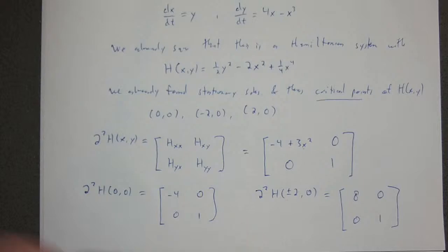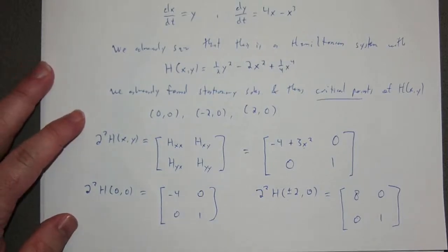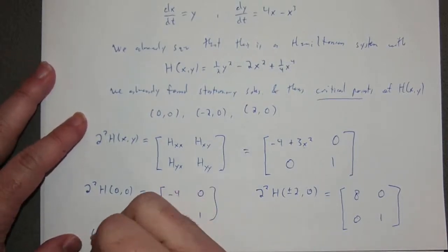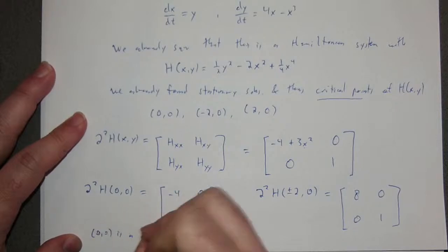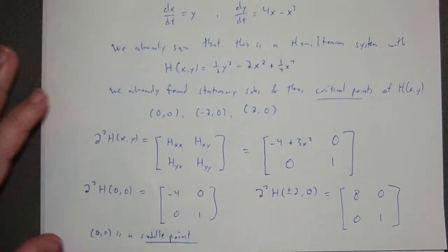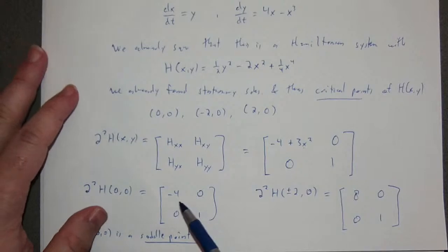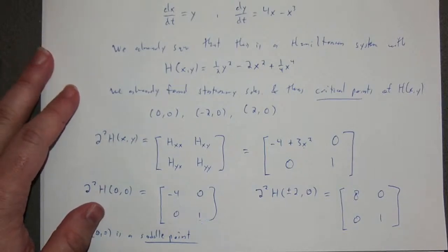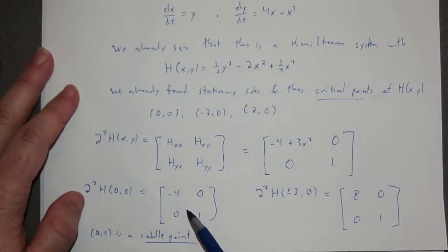This means that (0, 0) is a saddle point. Why? Because I have a positive eigenvalue and a negative eigenvalue. Remember, I have a diagonal matrix here, so the eigenvalues are just minus 4 and 1.